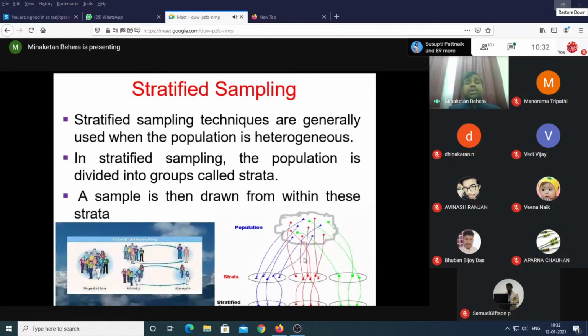Many people call this proportionate stratified sampling. Proportionate means, suppose in a university you find there are 100 professors.